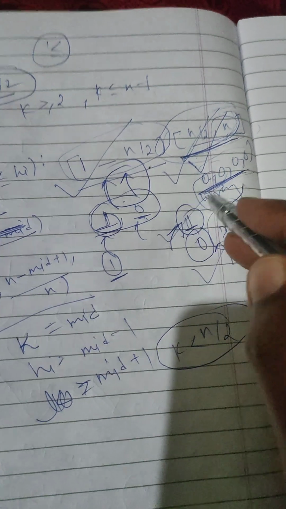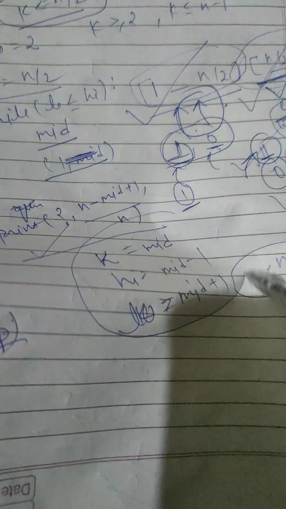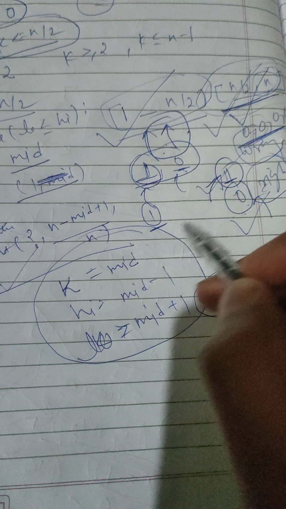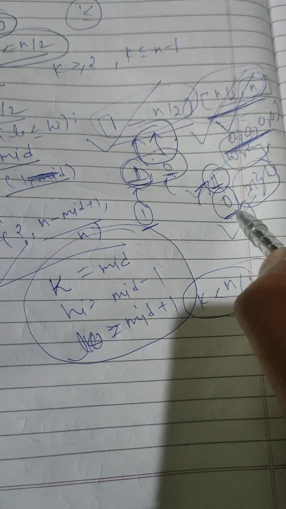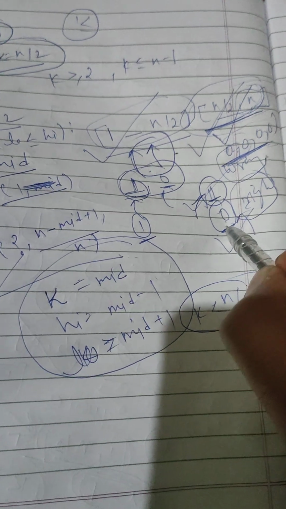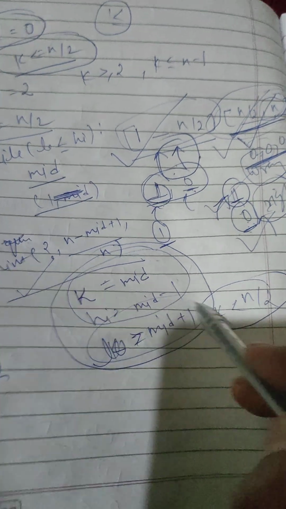Subarray sum is 1, that means it is wrong. Okay, so we can easily say that if we are getting it right, that means k must be greater than mid, and otherwise k will be less than mid, because if it is right, that means that range must be less than k, so k will be greater than mid. Okay, there you can simplify it.